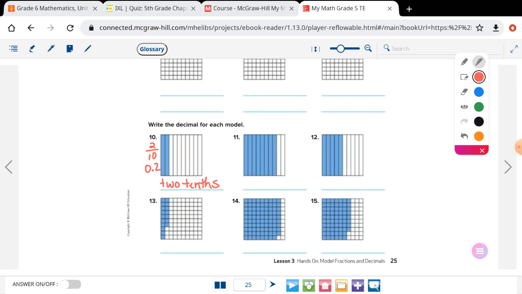Number 11. Lexi, using the words out of, what do you see? 8 out of 10 are shaded. What is that as a fraction? Yeah, 8 over 10. Wyatt, how do you say that fraction properly? 8 tenths.